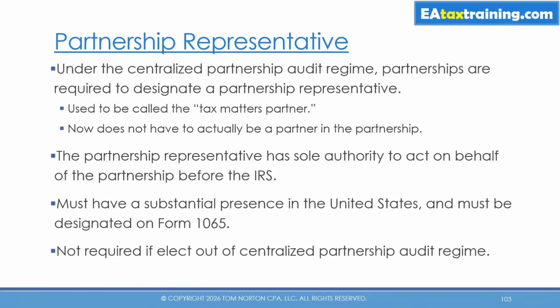So, for example, you could have the same organization be the partnership representative every year, but as people come and go, you can change the individual who actually deals with the IRS. And then you're not required to have a partnership representative if you elected out of the centralized partnership audit regime.